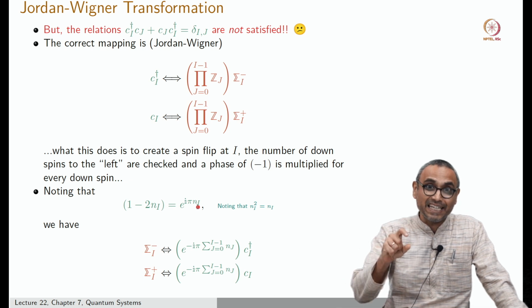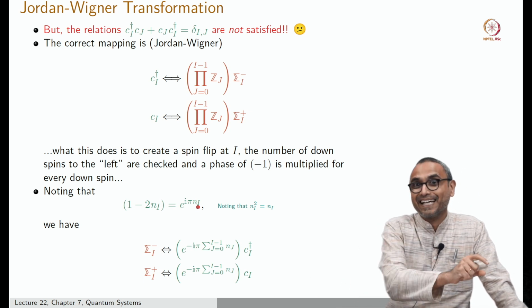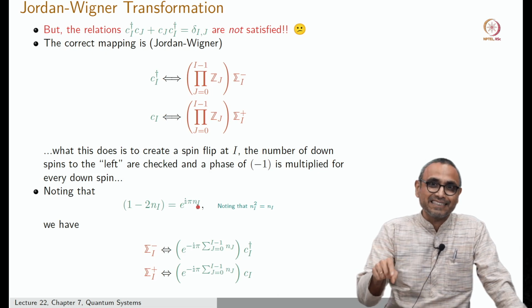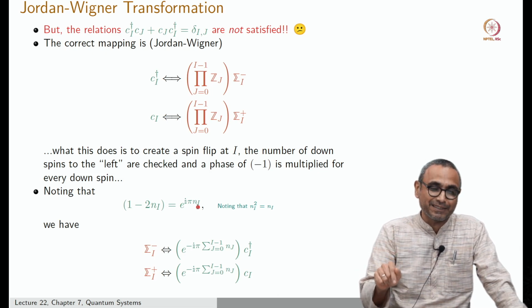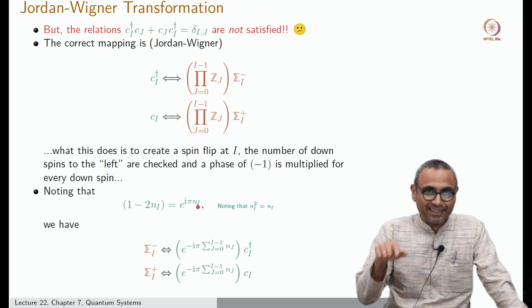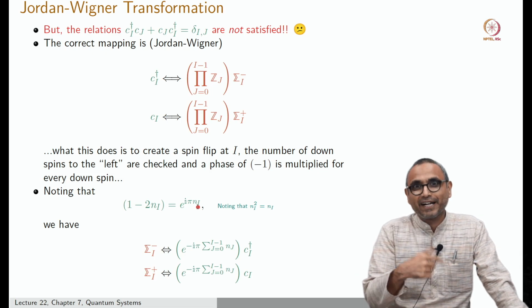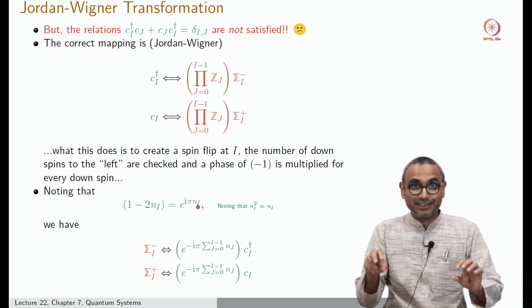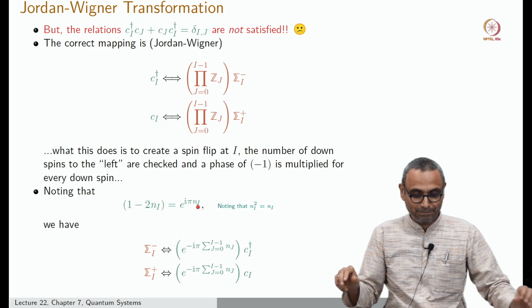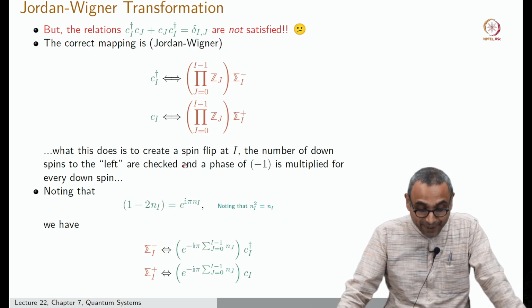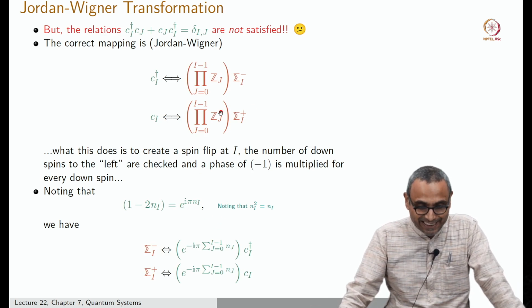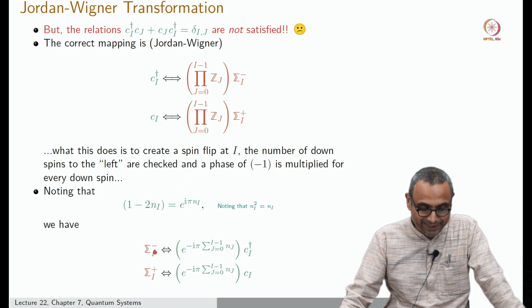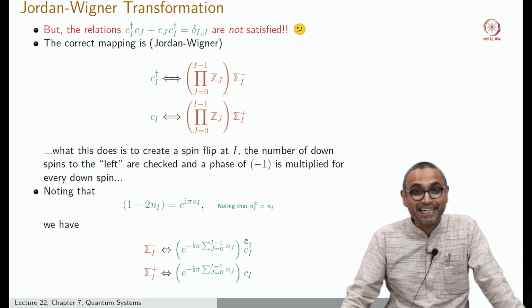Ni at any site will commute with Ni at any other site, because Ni at any site is made of two C operators on the same site, C dagger C, and on the other side is also made out of C dagger C, and therefore these will slide through freely because they are sliding through pairs of operators. And because of that, you can invert this relationship, and wherever you see Z, I can write this Ni and then invert that relationship, and you will see that sigma minus is this string times C dagger i.